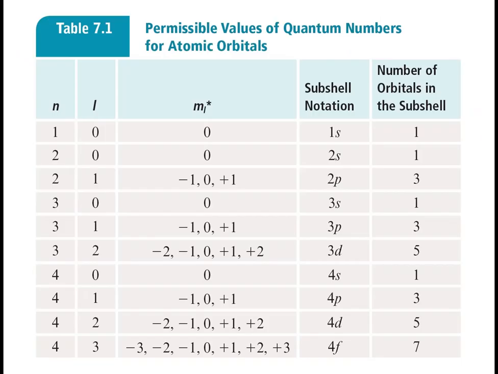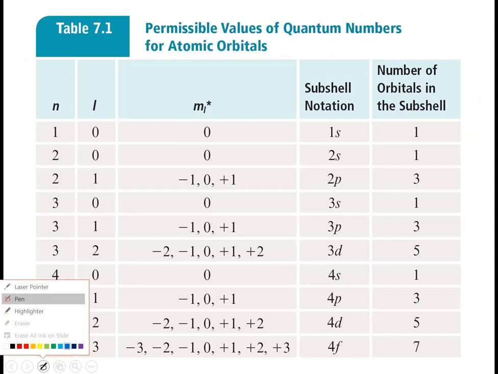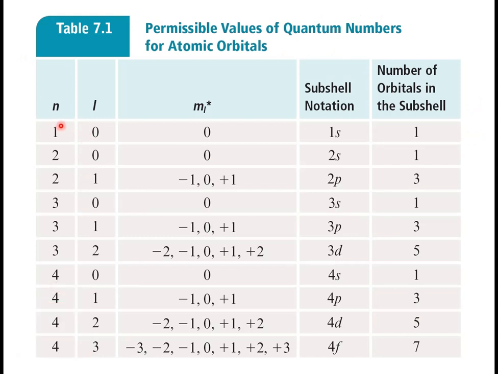So this is showing a table with a lot of numbers. When n is equal to 1, because L can only be n minus 1, it can only be 0. Because L is 0, there's only one value for M sub L, which is 0, and so it has only one orientation of S, 1s. When n is equal to 2, I can have L equals 0 or L equal 1.